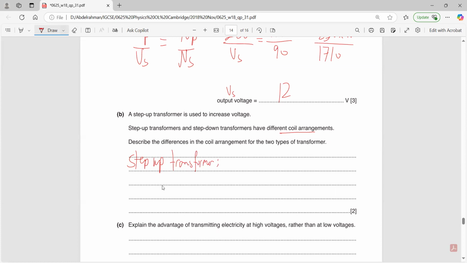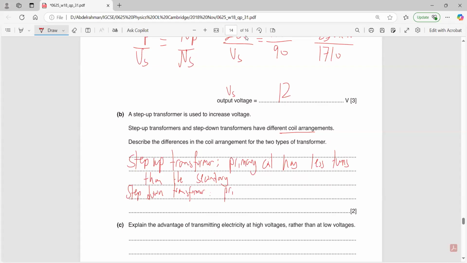In the step-up transformer, the primary coil has fewer turns than the secondary. What about the step-down transformer?